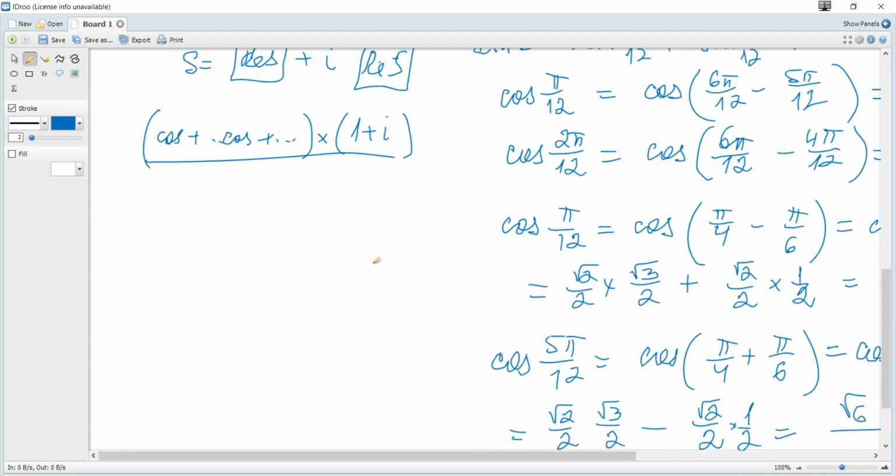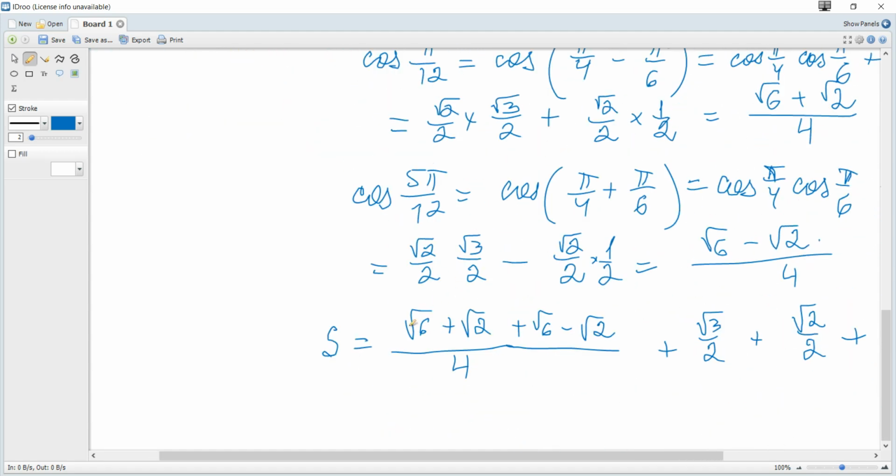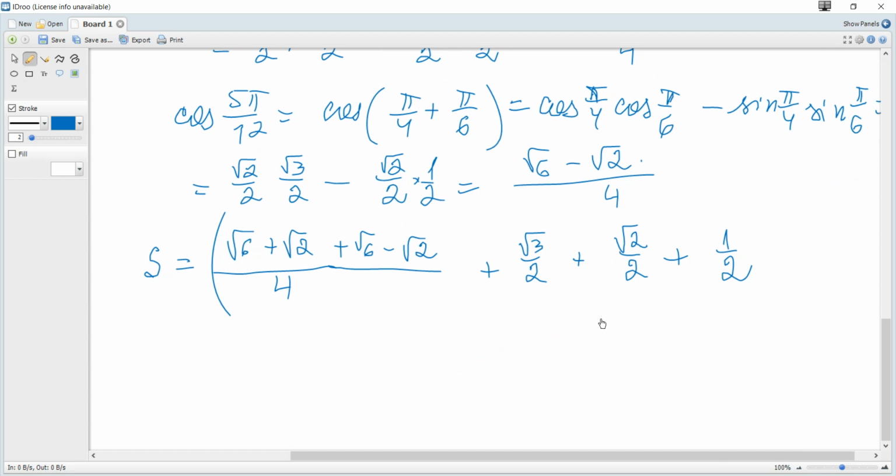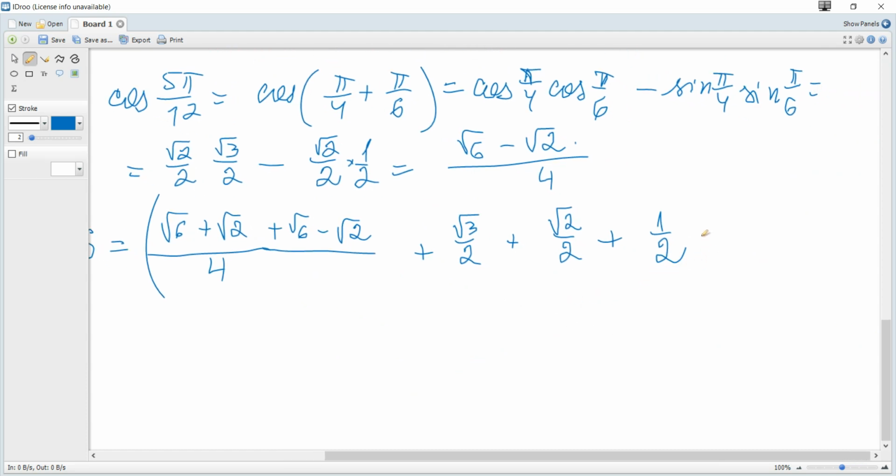And remember that it's the sum of cosines multiplied by 1 plus i.